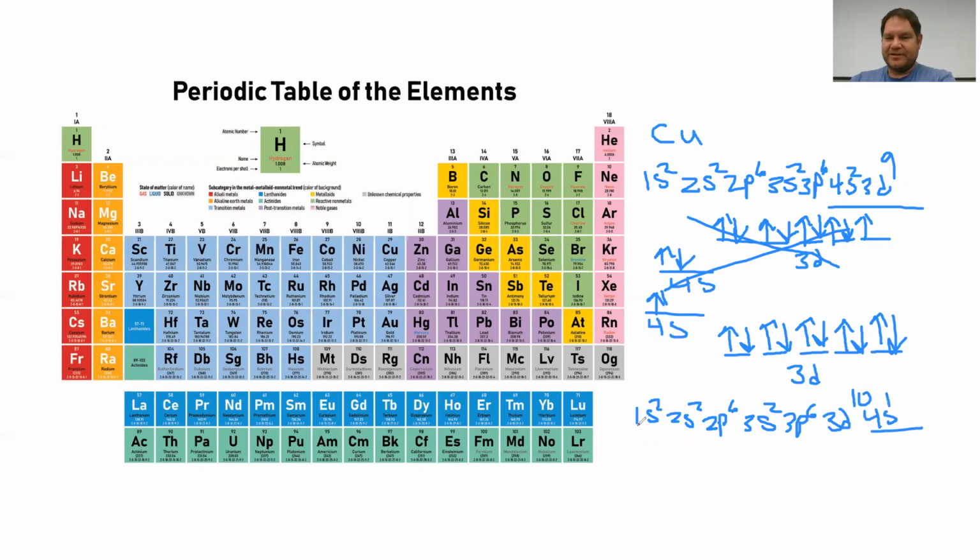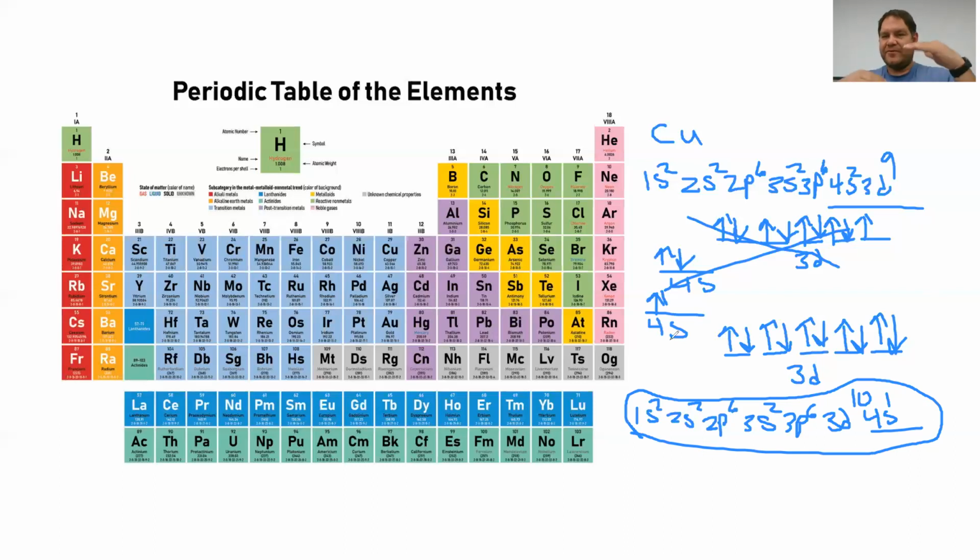So this is the real electron configuration for copper, okay? And again, I guess you could say that the 3Ds are lower in energy than the 4s, okay? And so the 3Ds are going to fill up first, and then the 4s will be filled up after, okay?